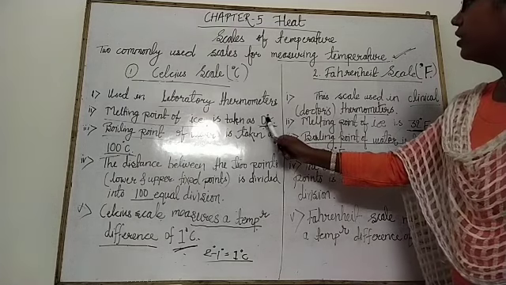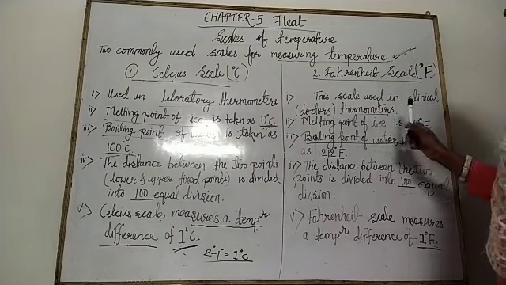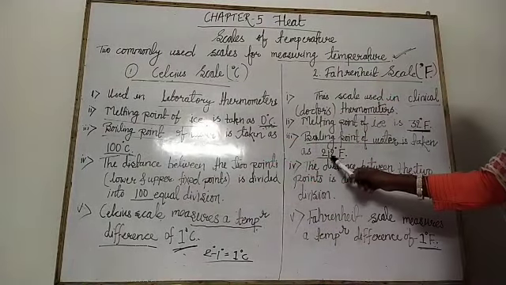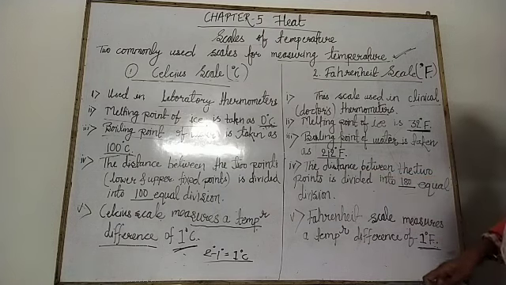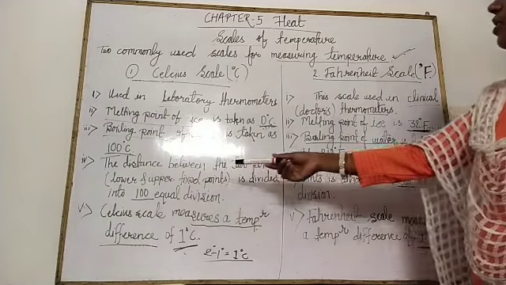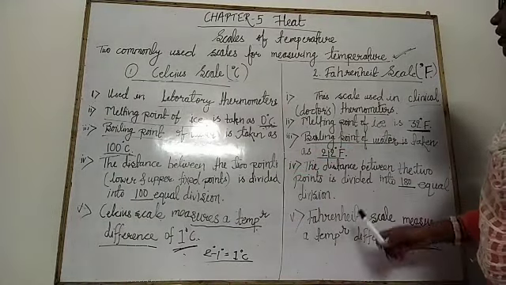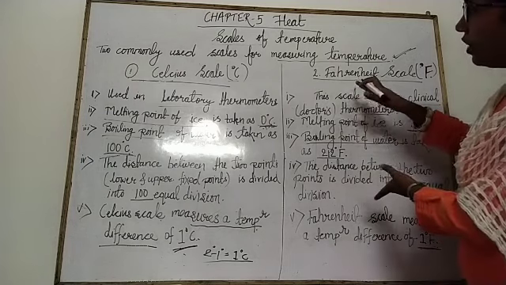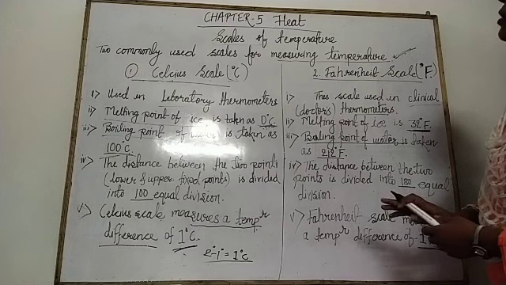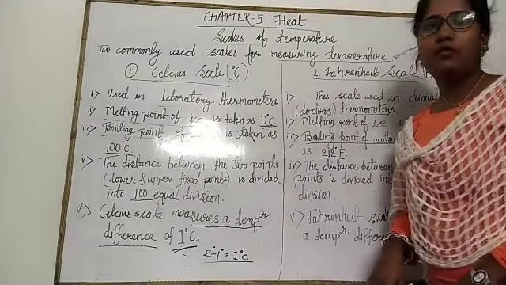If we convert 0 degree Celsius into Fahrenheit, it comes to 32 degree, and if we convert 100 degree Celsius into Fahrenheit, it comes to 212 degree Fahrenheit. Next, the distance between the two points is 100 equal divisions in Celsius and 180 in Fahrenheit. So these four are the differences between the two scales and two are the similarities. The next topic is in the next video. Thank you.